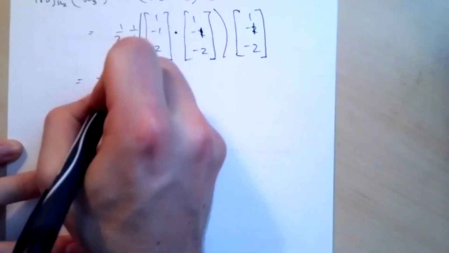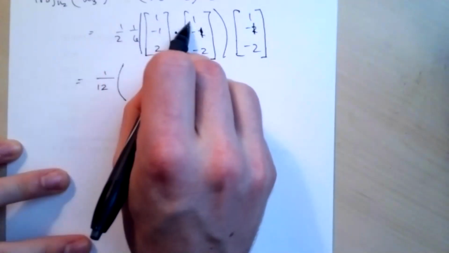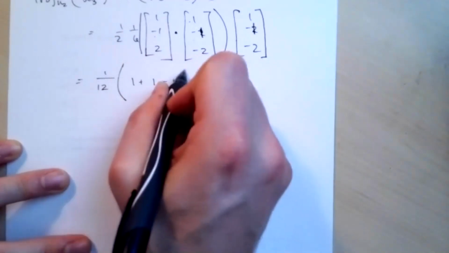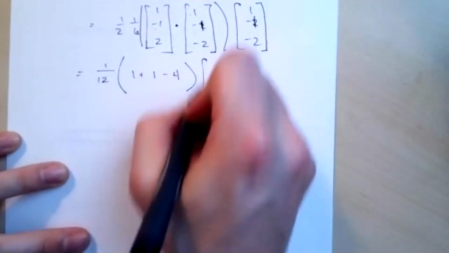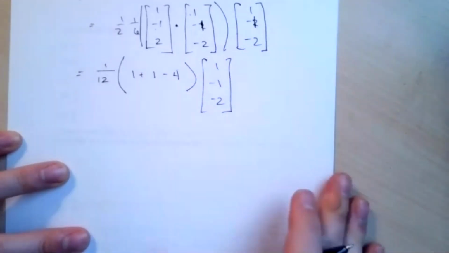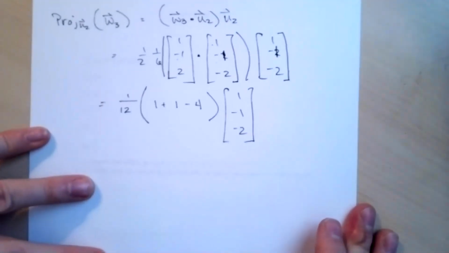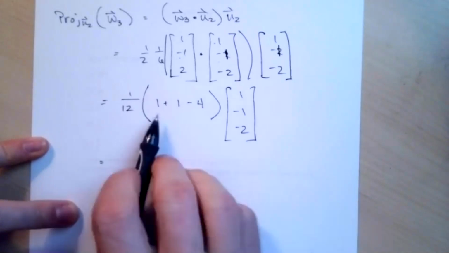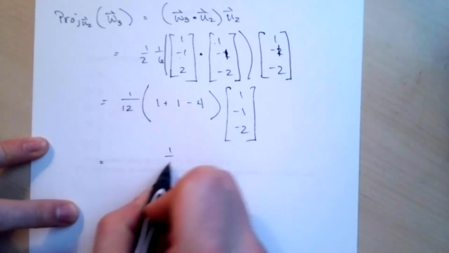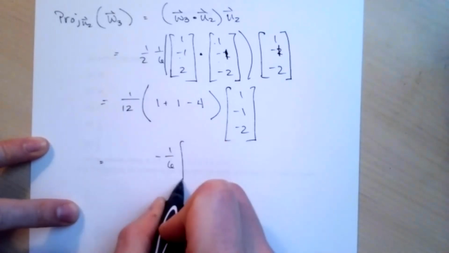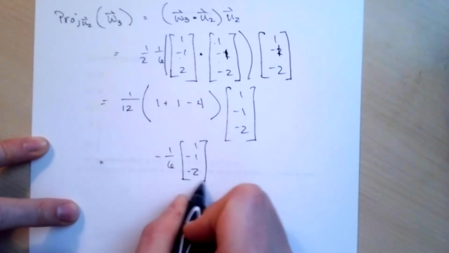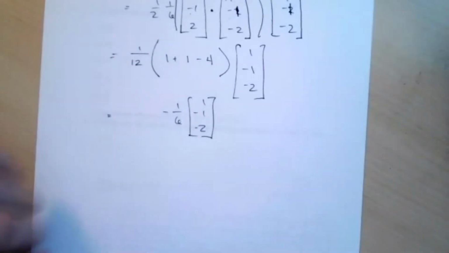And when we compute our dot product, we've got 1 plus 1 minus 4, in our direction of 1, minus 1, minus 2. So that'll give us a minus 2 over 12, a negative 1/6, times 1, minus 1, minus 2.